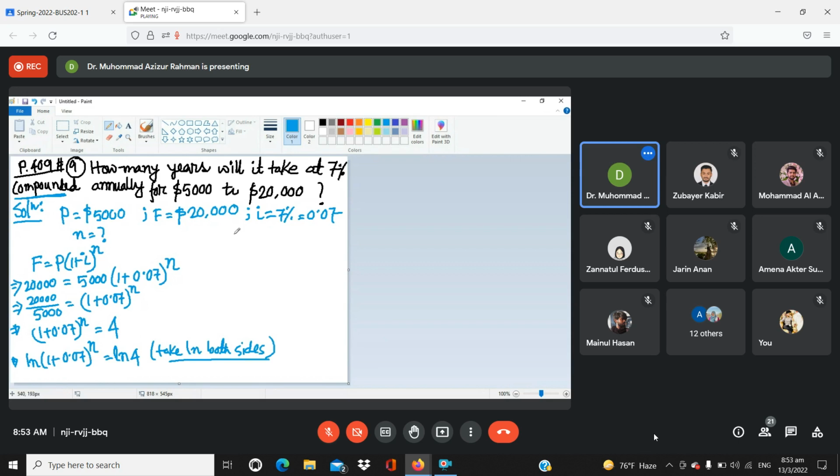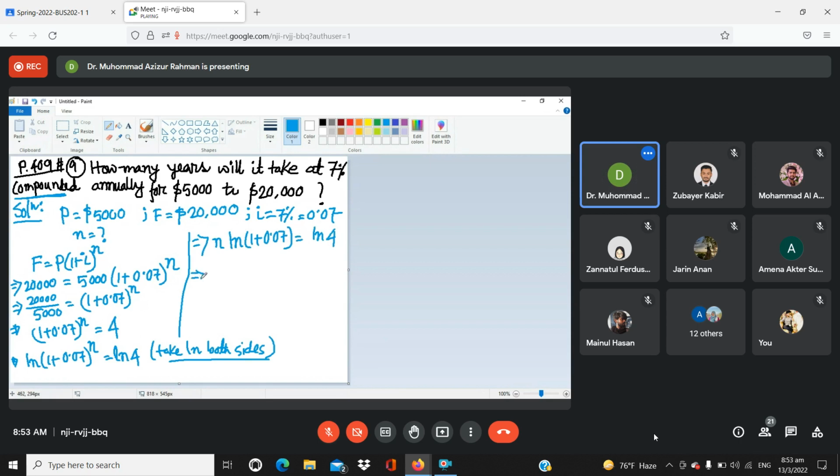Now let's continue here. With ln, we can bring the n in front, right? n ln(1 + 0.07) equals ln 4.